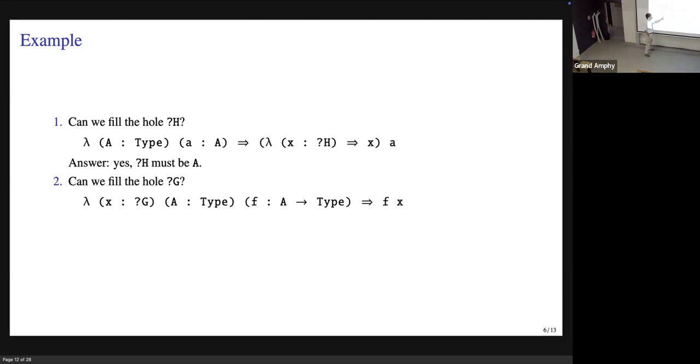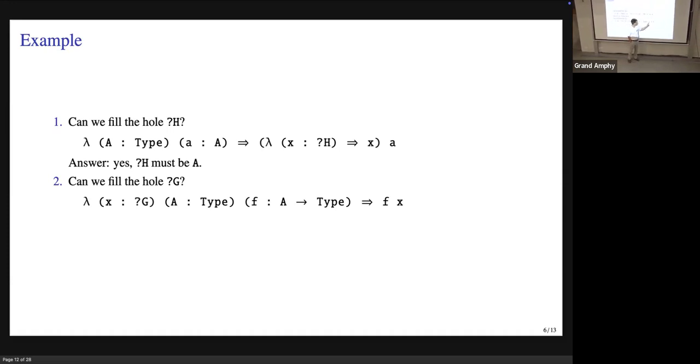Because here there is no A. A exists from this point on because it was only declared here. So its scope is there, and we are not allowed to say that G equals A. We're forced to say that G equals A, because the only thing that could possibly work is that G equals A, because of this one here.